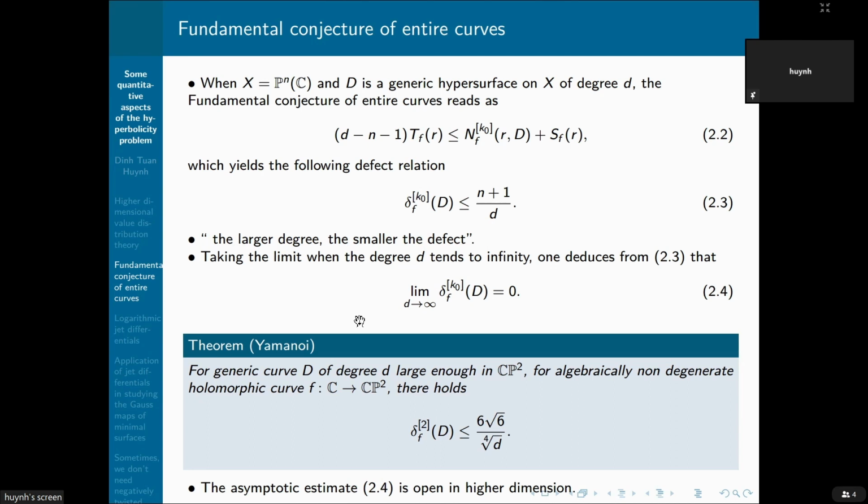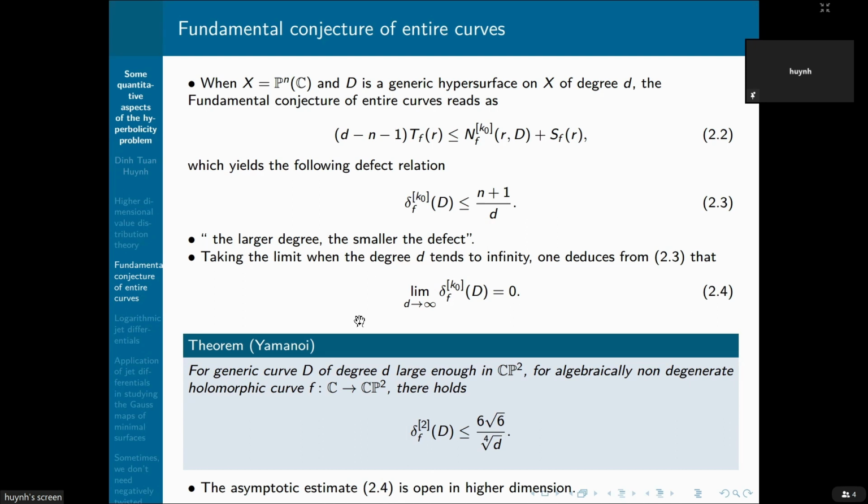And I only know one result, of Yamanoi, in the two-dimensional case. So he gets, for a generic curve D of degree d large enough in CP2, where d could be made effective, more than 100, then for an algebraically non-degenerate entire holomorphic curve f from C to CP2, we have this defect relation.